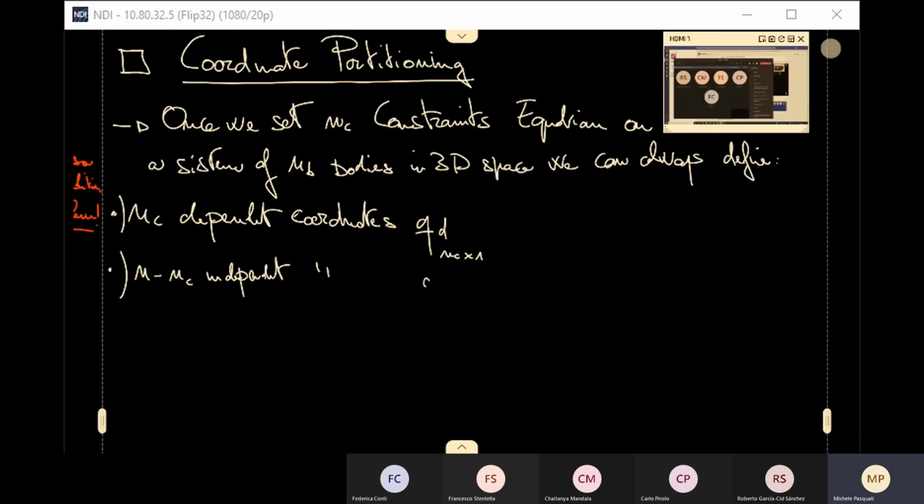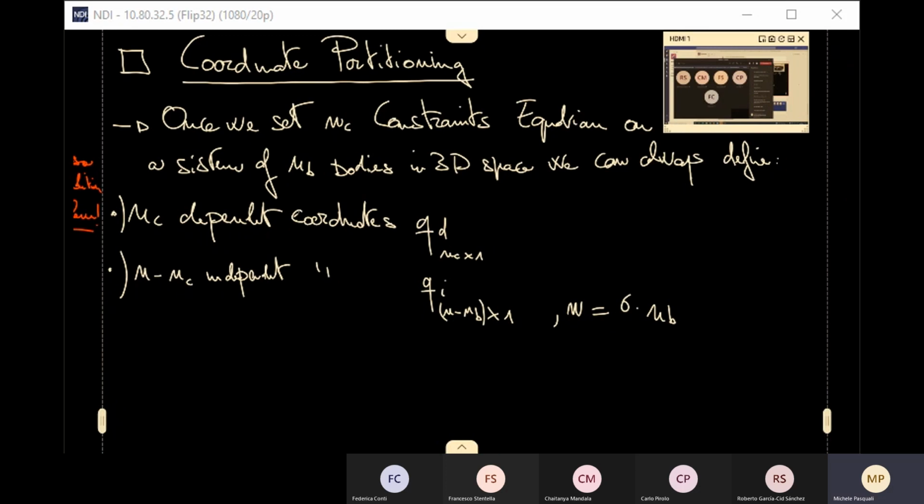And please do not confuse this with the superscript I, which defines the body number. Where N is equal to 6 again times NB. So you can always do this partitioning.